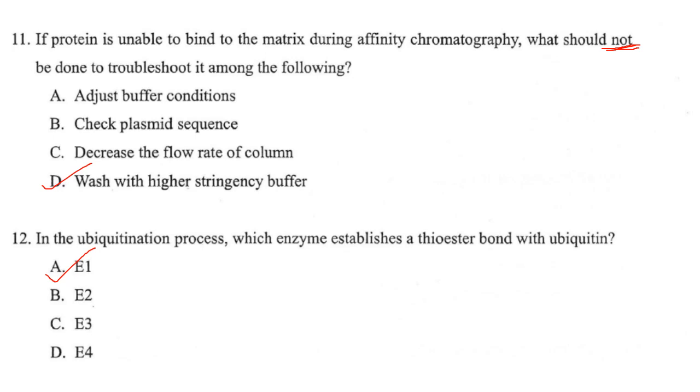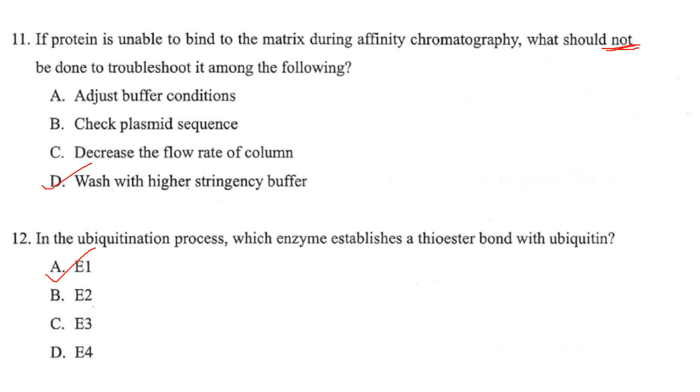From the plasmid sequence, you will come to know the protein sequence. From there, you can see whether there is any mistake in your protein sequence that it is not binding to the affinity column. Decrease the flow rate of the column. That also is possible. Wash with higher stringency buffer. That is not possible. Answer is option D.